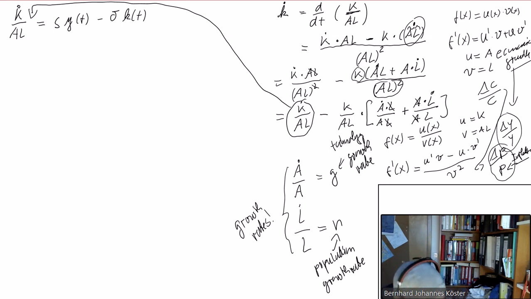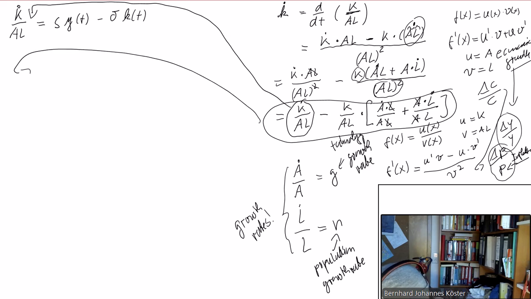So then in the end, taking all this together, we can write that we obtain k dot equals capital K over AL minus K over AL times (n plus g).